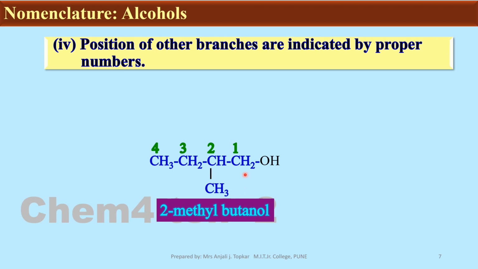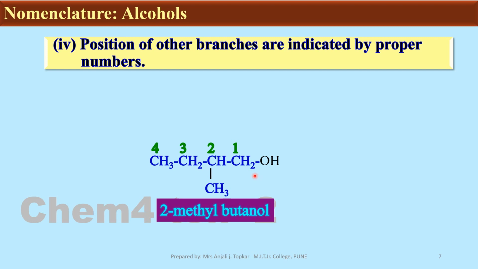Here we have to number this as carbon atom number 1 as it is closest to hydroxyl group. So the name of the compound is, we find, 2-methyl butanol. The longest chain contains 4 carbon atoms. So it is the derivative of butane.